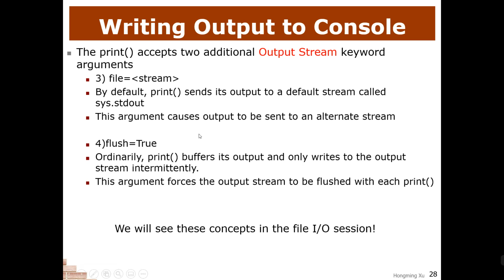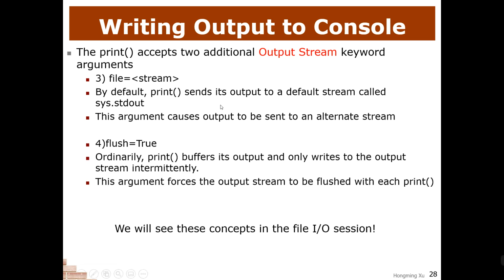Basically, when we use the print function, by default it buffers its output and only writes to the output stream intermittently. However, sometimes we may want to force the output stream to be flushed with each print. These two, I think we don't use too much in my experience.